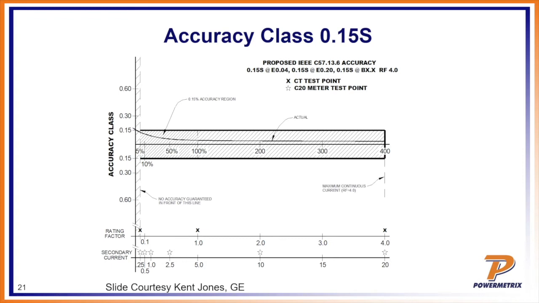And then the most accurate CT you can get out there is what we call a 0.15S, and so it stays within 0.5% accuracy all the way down to 5% of its range. Now, I want to be clear that when we talk about these accuracies, these are under ideal conditions.